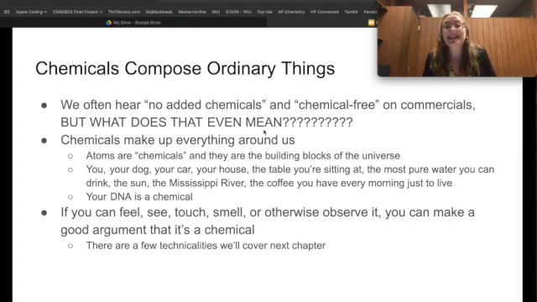Your literal DNA that makes you as a human being happen is a chemical. Everything around you is chemicals. So if you can feel it, you can see it, you can touch it, you can smell it, you can observe it, you can make a really good argument that it's a chemical. There are a few technicalities, we'll talk about it, but everything you see around you is a chemical by definition.